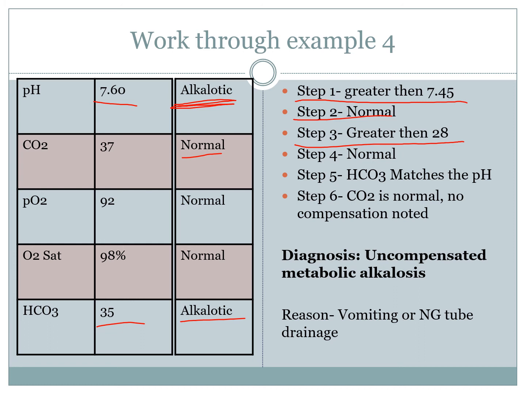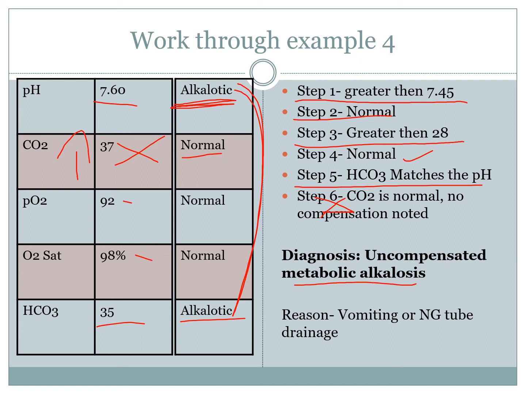PO2, O2 sats, normal, no signs of hypoxia. We have a metabolic disorder because the bicarbonate matches the pH. And once again, we have no signs of compensation because the CO2 is normal.